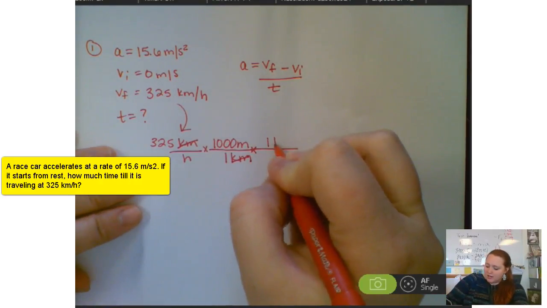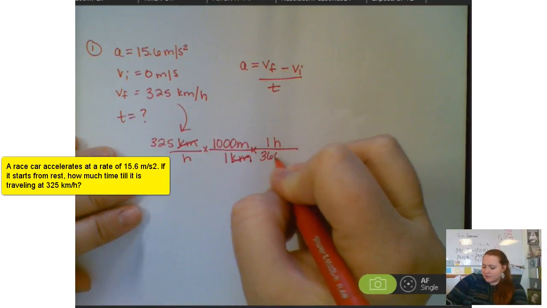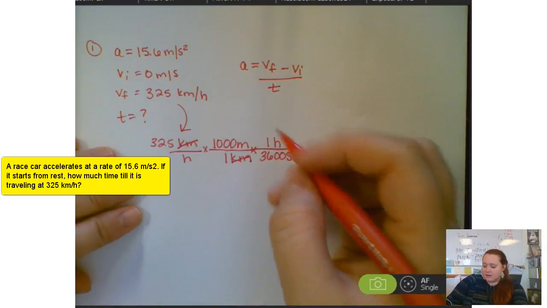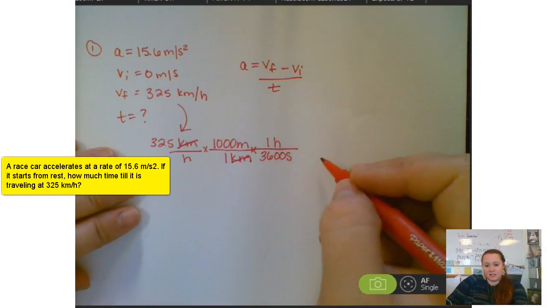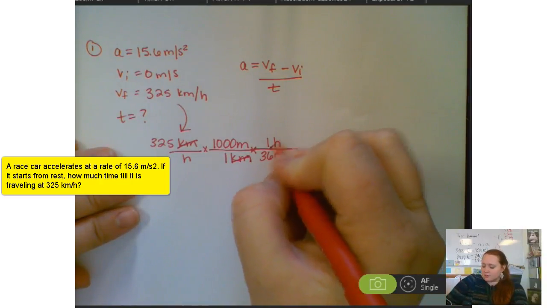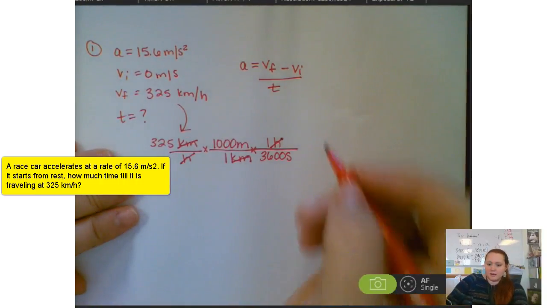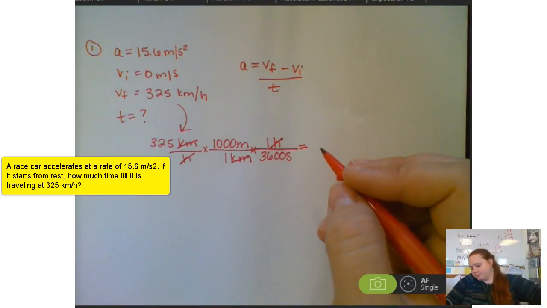And well, 1 hour, I'm trying to go to seconds, has 3,600 seconds in it. Now if you didn't know that, you could say 1 hour is 60 minutes, and then 1 minute is 60 seconds. But either way, 60 times 60 is 3,600. Now this hour up top cancels with this hour in the denominator, and we can just multiply.